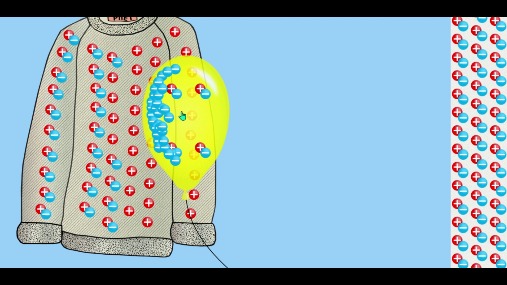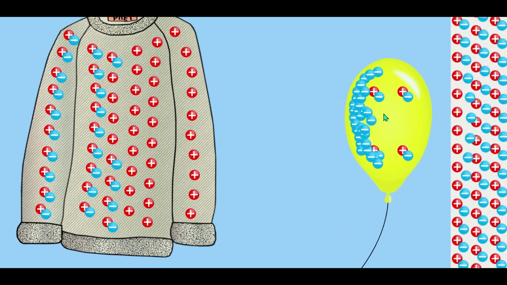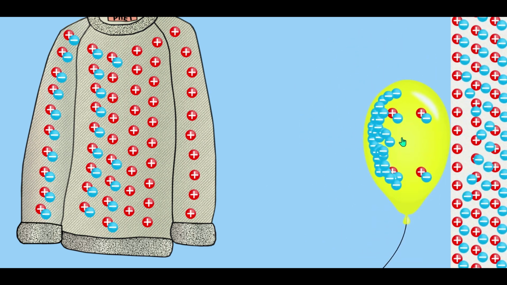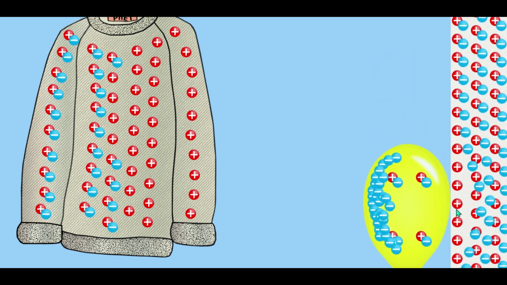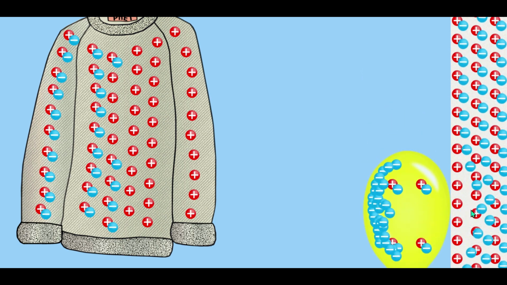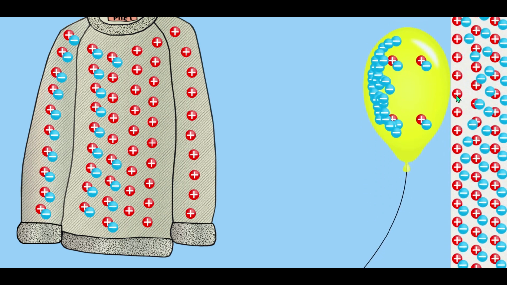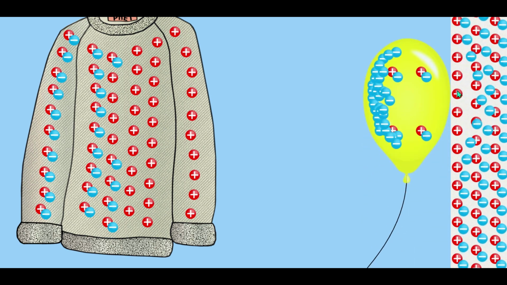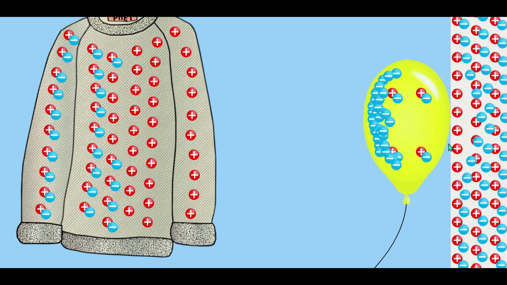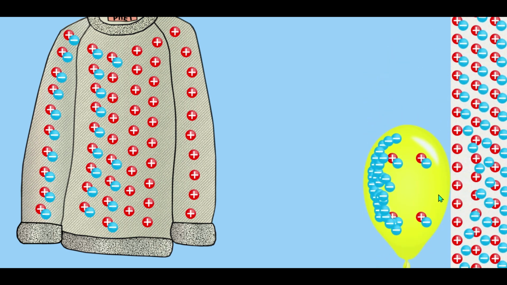Next, we move this balloon to the wall. You can see that when we move this balloon to the wall, the negative charges on the wall are moving to the side. This is the phenomenon where the negative charge will try to get away from the other negative charge.